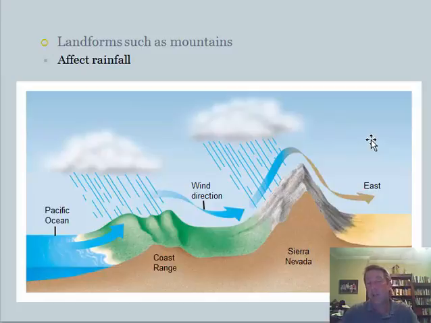So this creates some very specific conditions: lots of rain on this side of the mountain range, none on this side. If you look at the western side of most of our deserts, there's a mountain range preventing that rain from getting over there because the air masses reach their dew point before they move over.